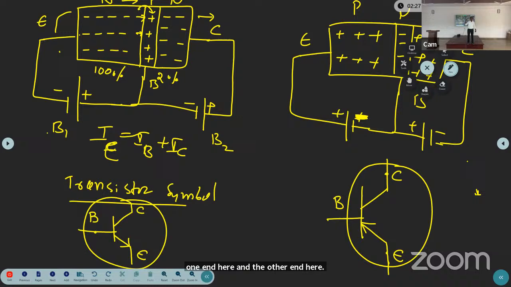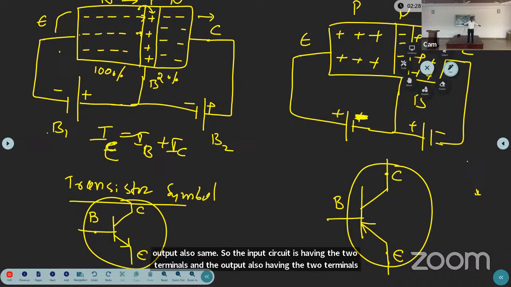So out of these three terminals, two terminals act as input terminals, and the other two act as output terminals. If you want to connect the battery also, positive terminal, negative terminal, and the output also the same. So the input circuit is having two terminals and the output also having two terminals. But our transistor is having how many terminals? 3. So how can we make the 3 into 4 terminals?